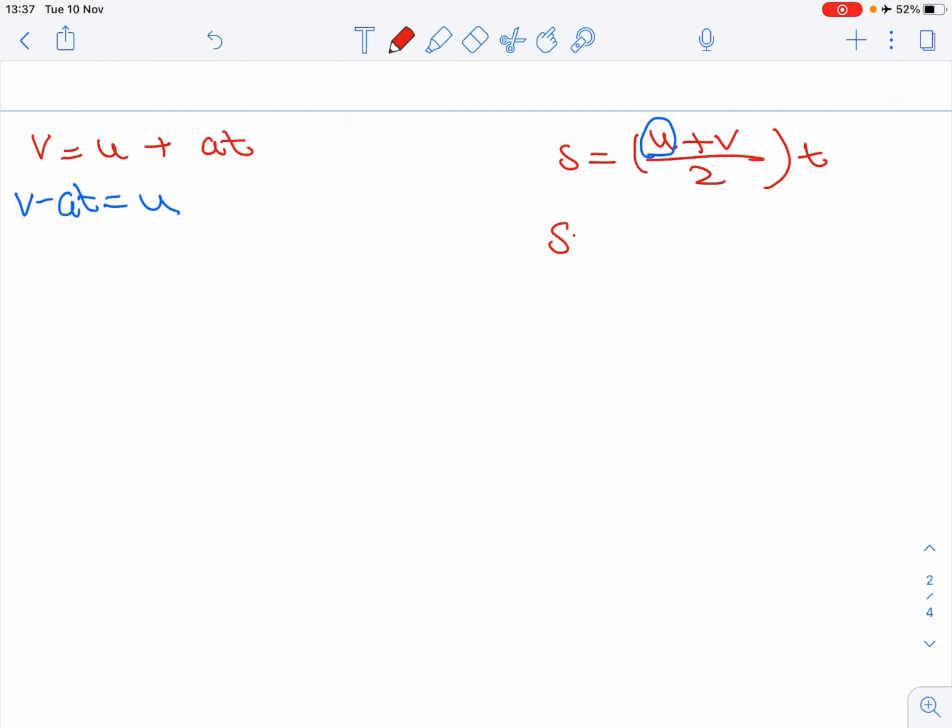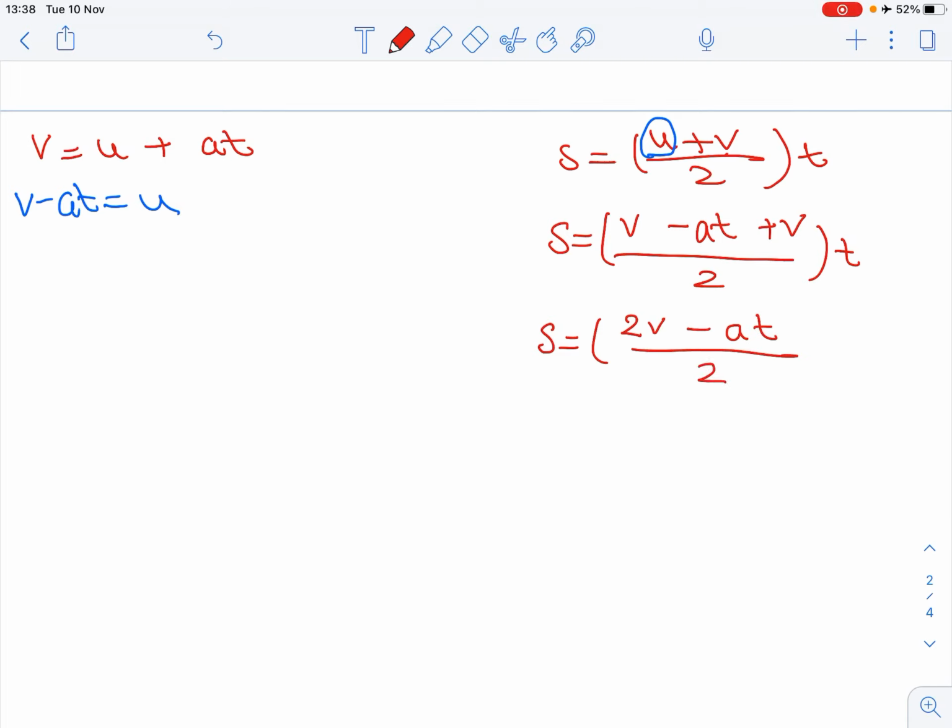So we have s equals, u is the same as v minus at, then plus the v here, plus v, half it, multiplied by t. Therefore, s is equal to v plus v is 2v minus at, half it, multiplied by t.